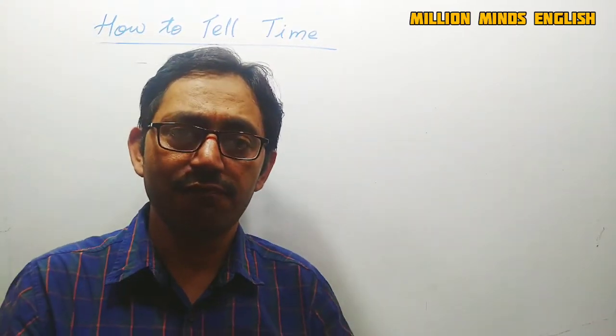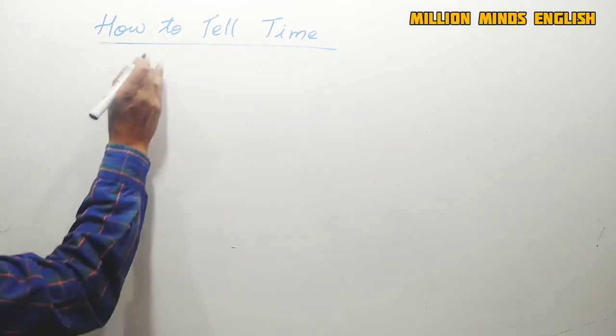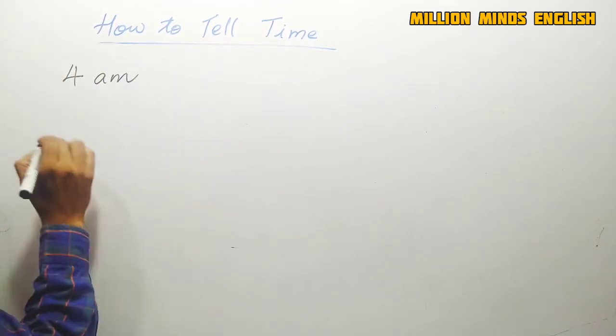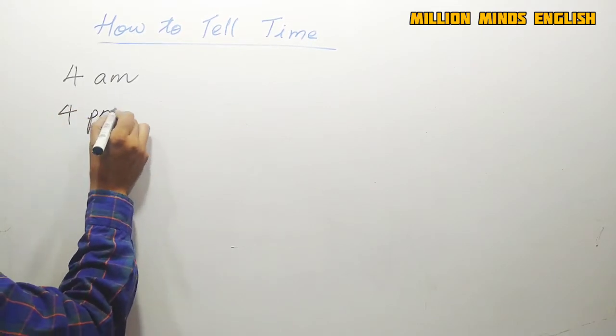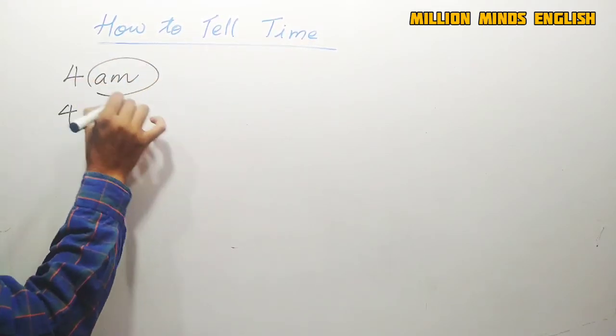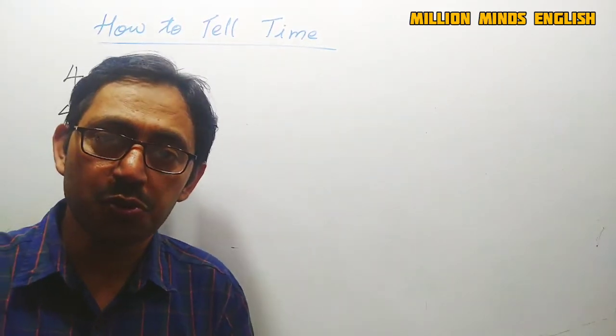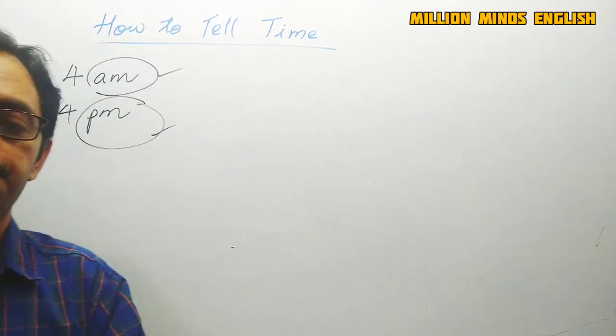Friends, sometimes we find in our books it's 4 a.m. and it's 4 p.m. Can you tell me the full form of AM and PM, or when we use AM and PM?